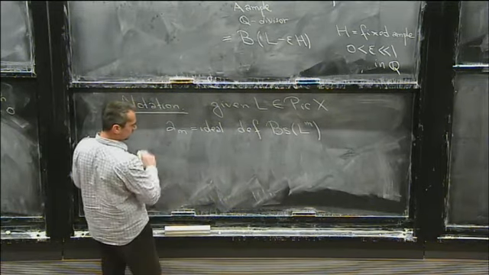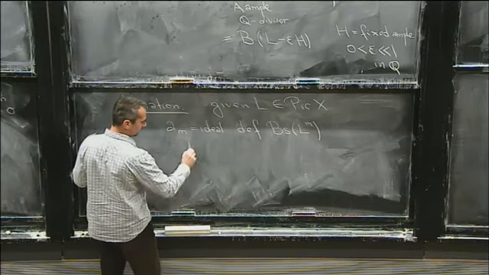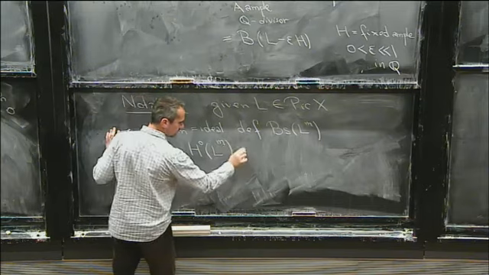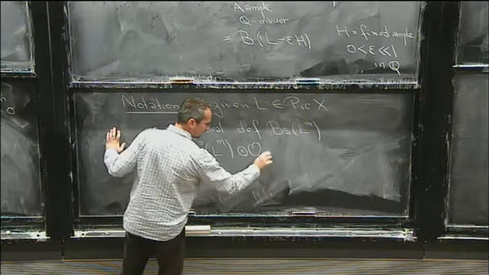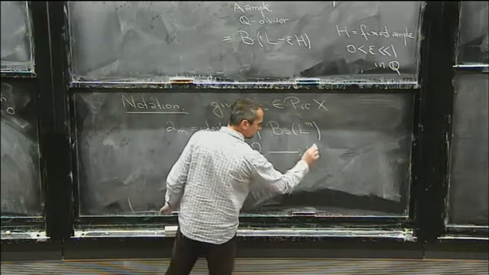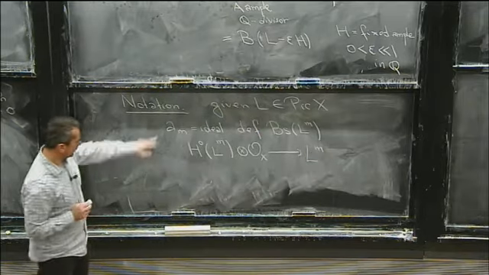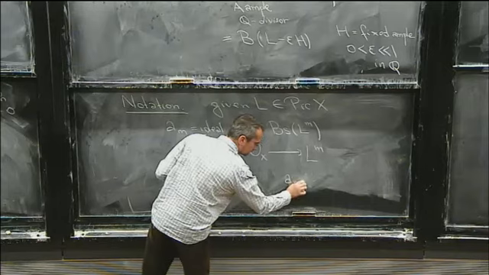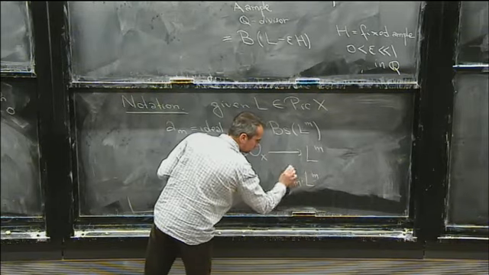So if you translate this, what this means is that if I look at the evaluation map from H^0 of L^m tensor with O_X, so this maps to L^m. This is just evaluation of sections. And a_m is the unique ideal such that the image of this map is a_m times L^m.